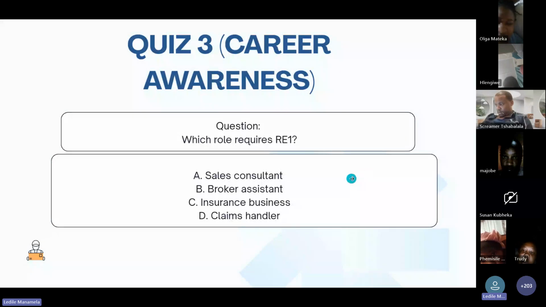Broker assistant, remember the keyword assistant. It's like me being a financial advisor and I have an administrator or financial advisor assistant, someone who does the scanning of the documents for me, following up with clients, checking my appointments. Some of them might be called personal assistants. I come back with the documents and say, my client wants a funeral cover of 100,000, these are their kids and so on, do the quotation for me.